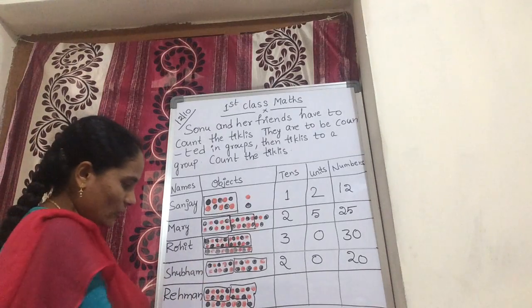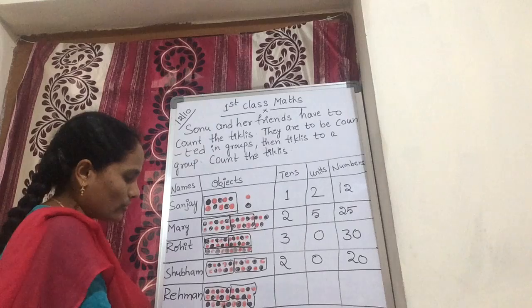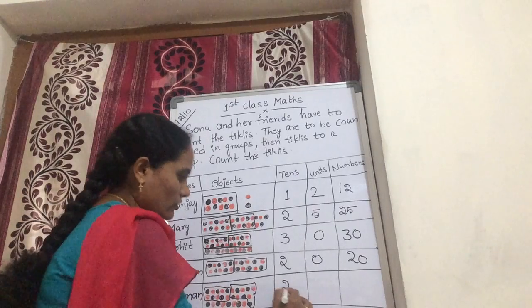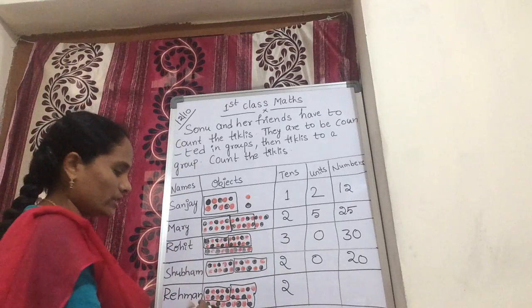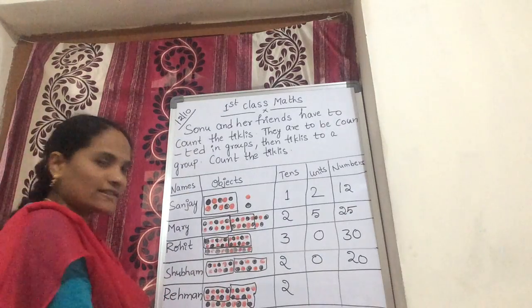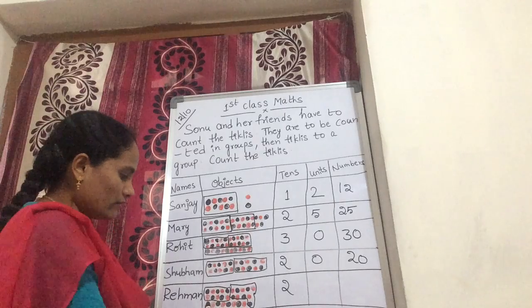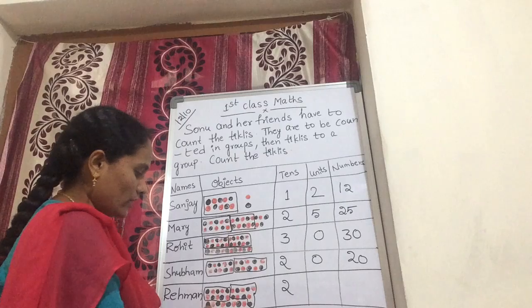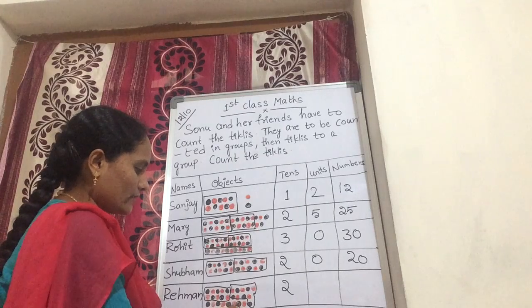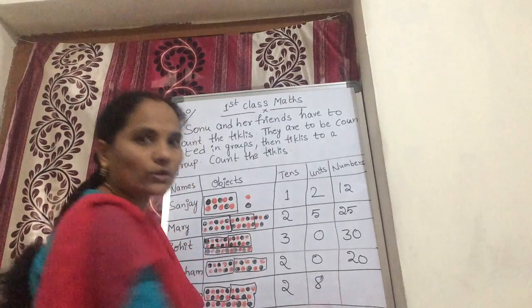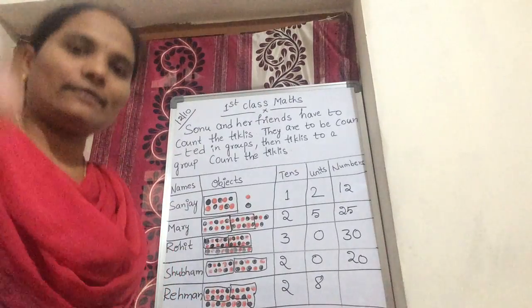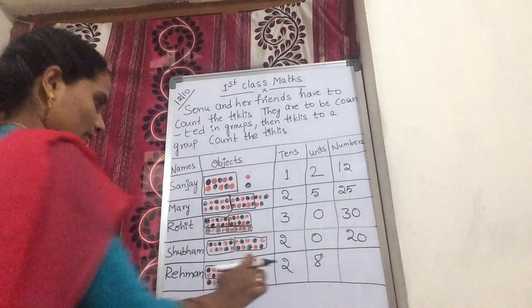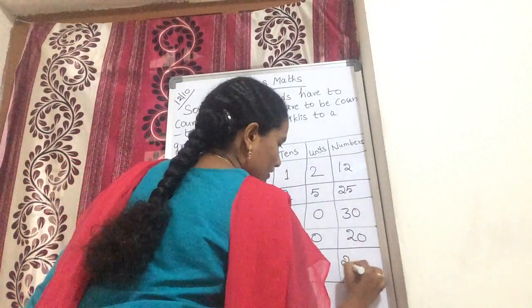Still how many remaining here? 1 2 3 4 5 6 7 8. How many tens? 2 tens. You should write that in tens. Still remaining, how many units, amma? Single units, how many? Count it. 1 2 3 4 5 6 7 and 8. So how much number do you get, amma? Tell me, children. 28. You should write 28 here.